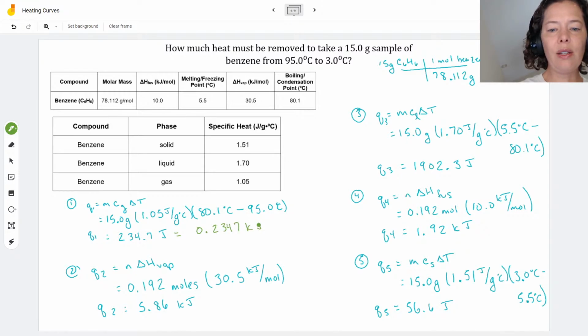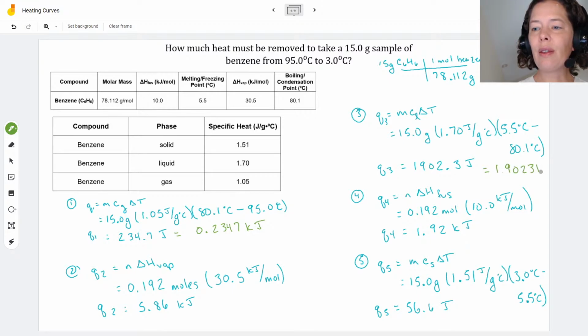So there is Q1 converted into kilojoules, Q2 in kilojoules, and Q5 also in kilojoules.